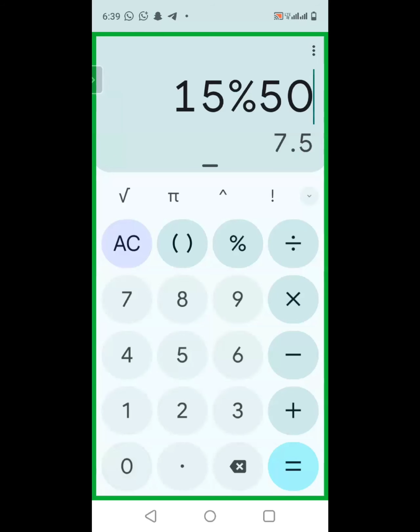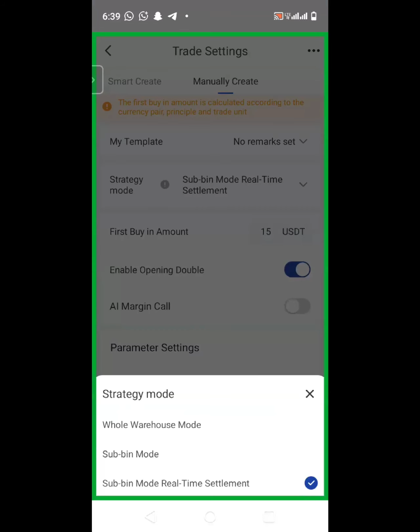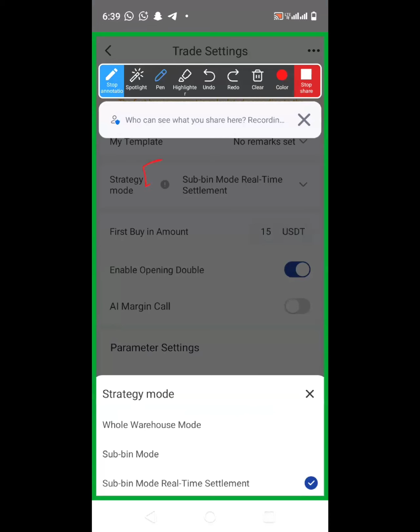Let's say $7. So $50 minus $7 will now remain 43.